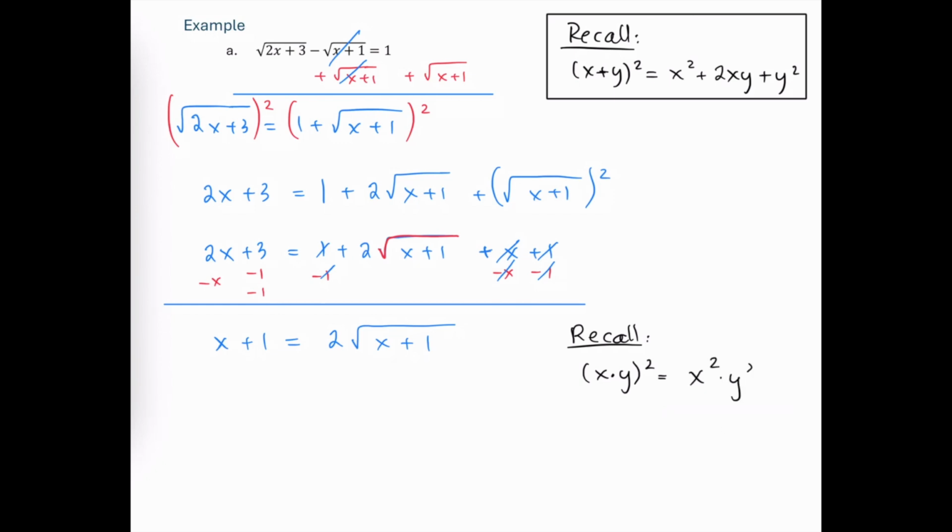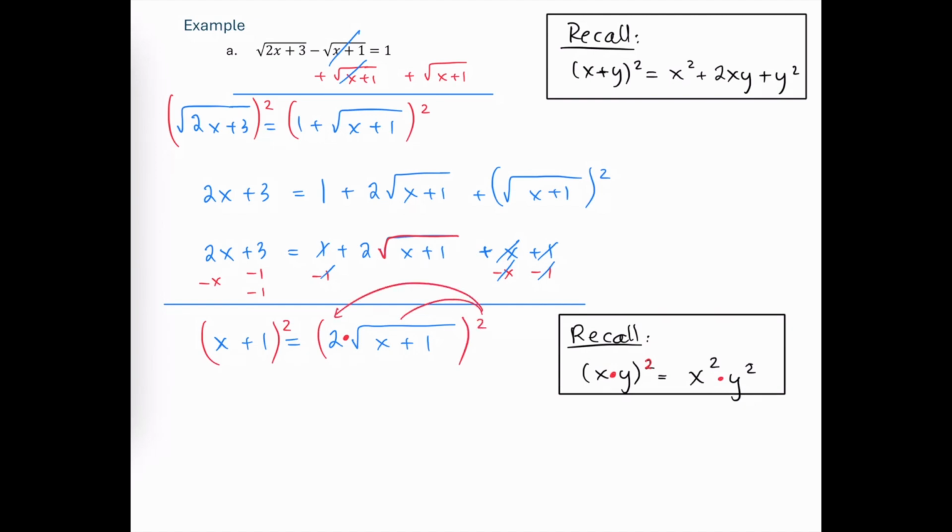So the property says that if I have a product of two things that is being squared, essentially we can distribute that square over multiply. Because we have multiply here, we can go ahead and square both sides now, and I will be able to distribute this square over multiply, which will get rid of this radical, and that's the whole point of squaring both sides right now. So on the right-hand side, square the 2 and I get 4, square the radical and I get x plus 1.